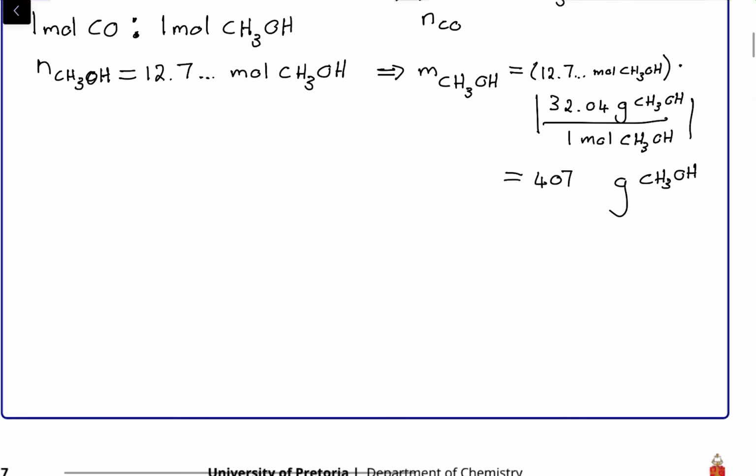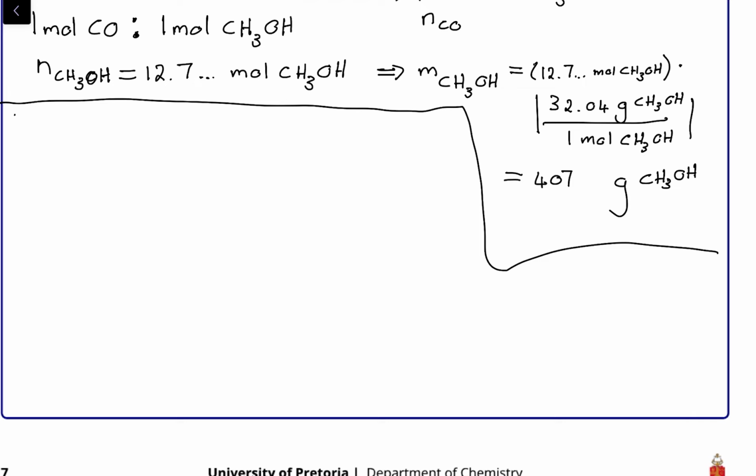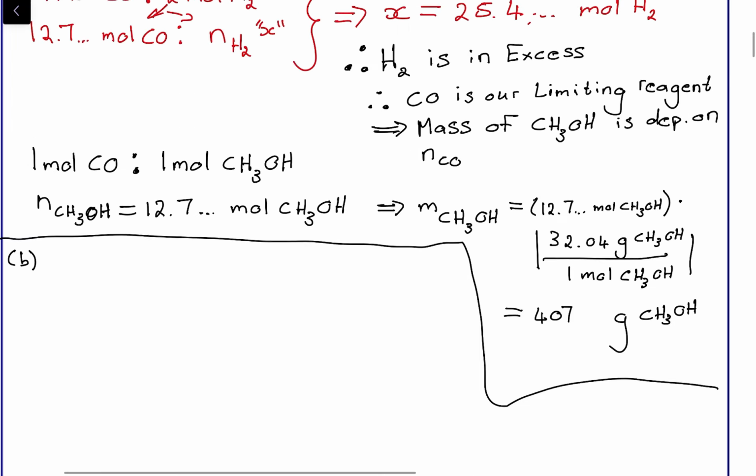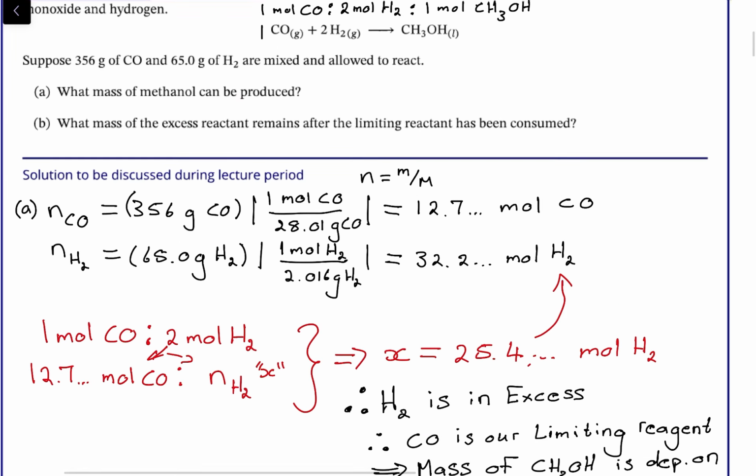Okay, let's make a nice little thing here for ourselves to do the B part. All right, B asks, what mass of H2 remains when all the CO, or what mass of excess reactant remains after the limiting reactant has been consumed?